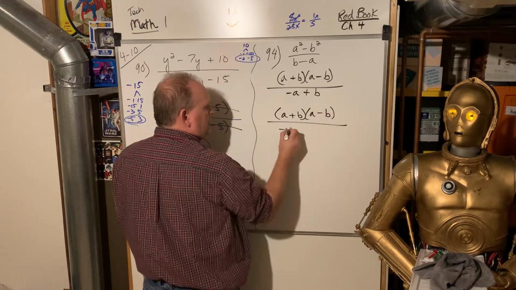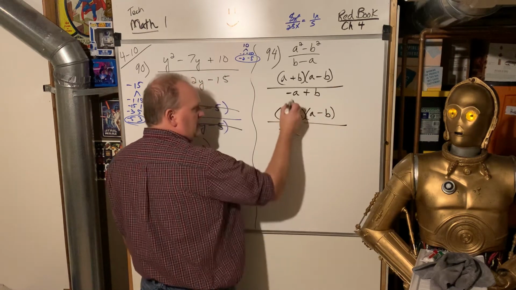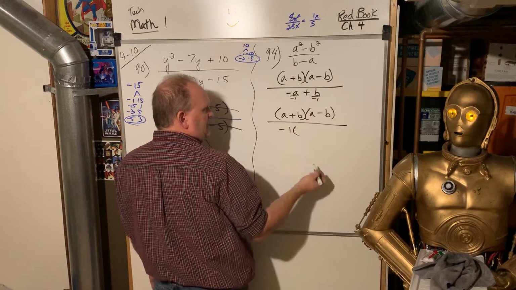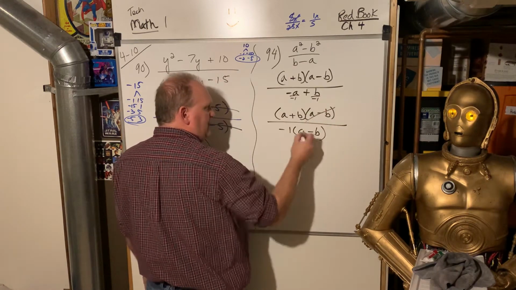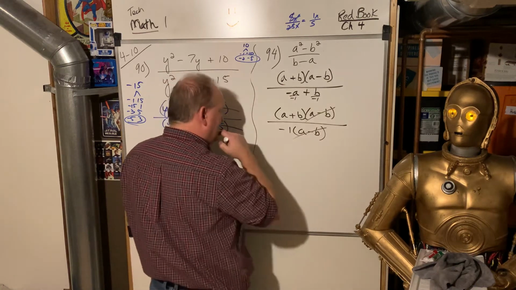If I factor out a negative 1, meaning I write a negative 1 out in front and then divide both of them by negative 1, I get a minus b. Now look, now they're the same, and I can cancel the a minus b's.